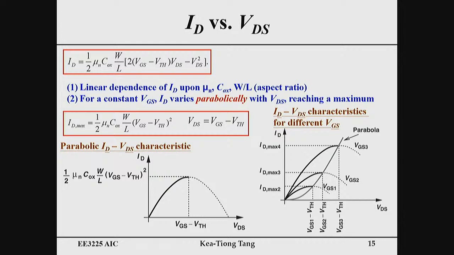The maximum current when VDS equals VGS minus VTH is 1/2 mobility C oxide W/L (VGS minus VTH) squared. Okay? And this is the formula you should memorize.